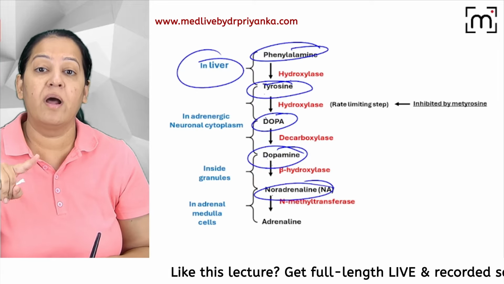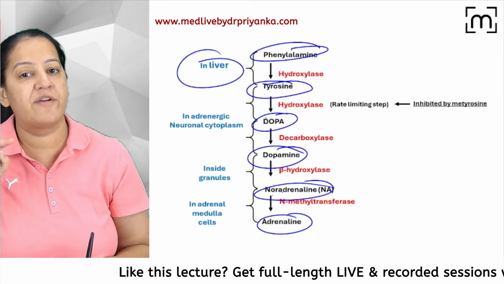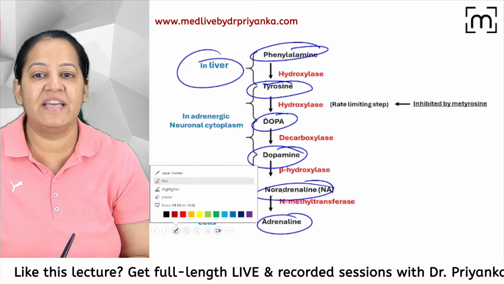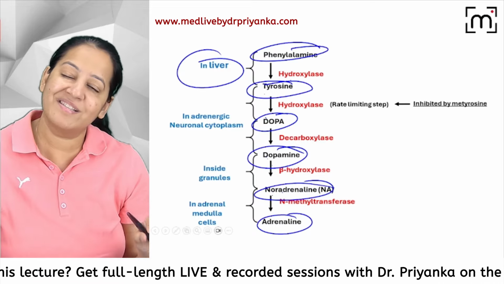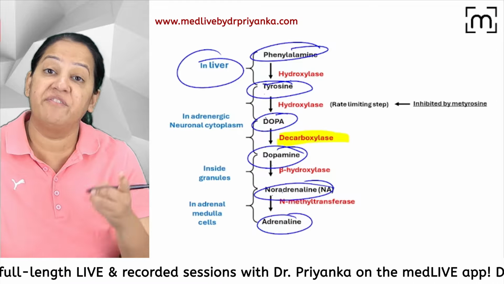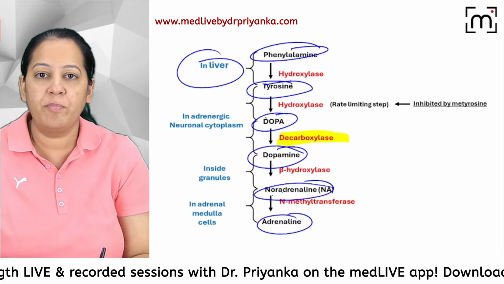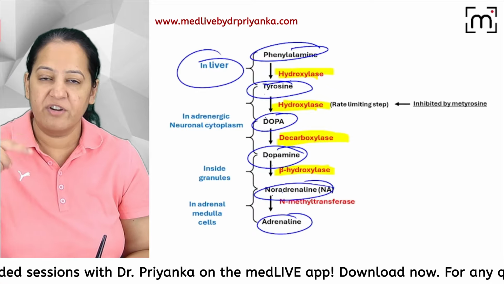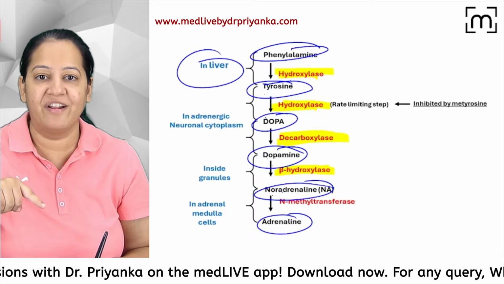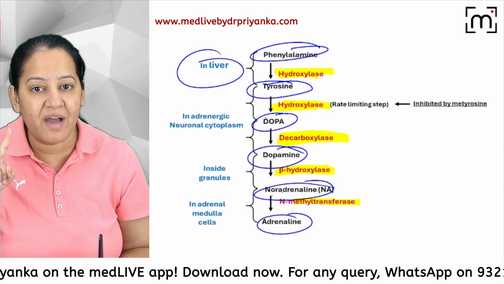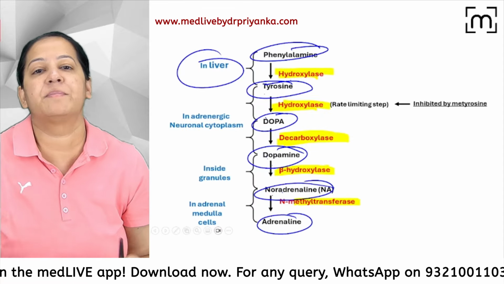But in the adrenal medulla, noradrenaline will get converted to adrenaline. And you have to mind the enzymes at each step. The enzymes at all the steps are hydroxylase except the dopa to dopamine conversion, where it is decarboxylase. The last conversion, noradrenaline to adrenaline, requires a methyl group transfer, so the last enzyme is methyltransferase.